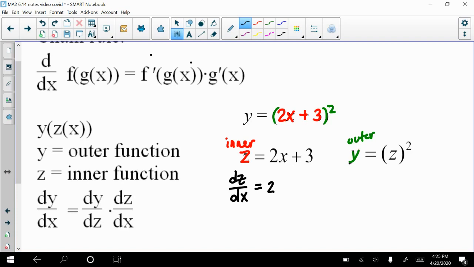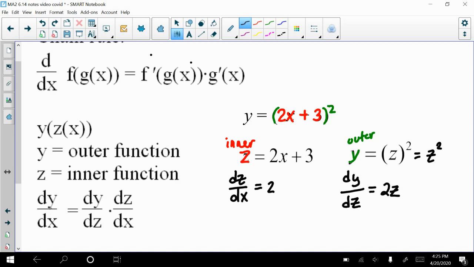Okay, then for y, see how y is a derivative with respect to z. So dy dz, it's got a variable of z here, would be, well, what's the derivative of z squared, right? Quantity z squared, that's the same thing as just z squared. Well, we would use the power rule in that, which is 2z. The exponent would come to the front, and then the degree would go down by 1. So 2z.